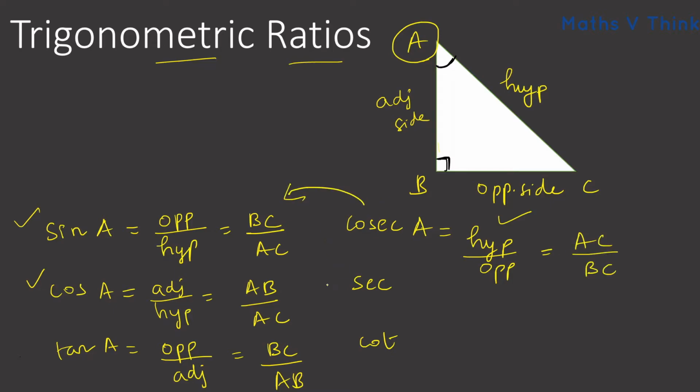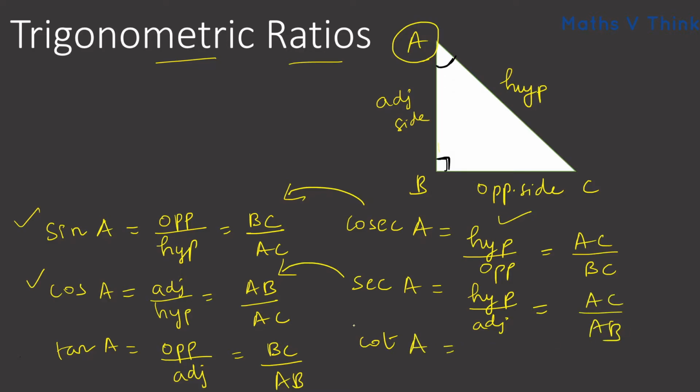You can check this one. Same way, secant A I'll be writing by seeing cos A. So secant A is opposite of cos A. Cos A we know is adjacent by hypotenuse, so secant will be hypotenuse by adjacent. You can check with cos A, it is AB by AC, so this will be AC by AB.